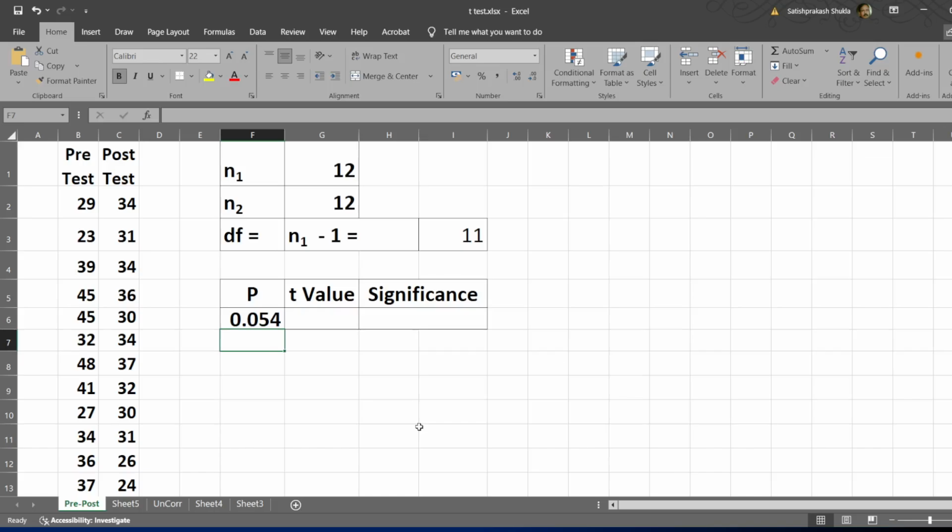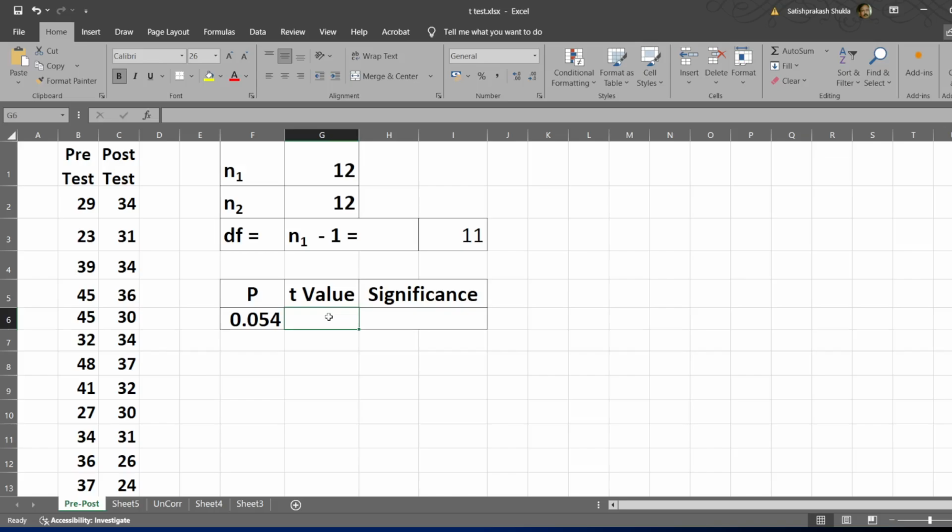This is the probability. It means the difference between the means of pre-test scores and post-test scores is significant at 0.054 level. How to interpret all these things we'll see later. Now we'll find the t-value, and t-value is found on the basis of the probability value.